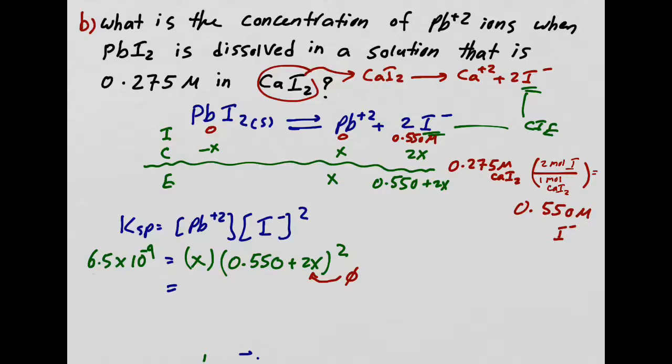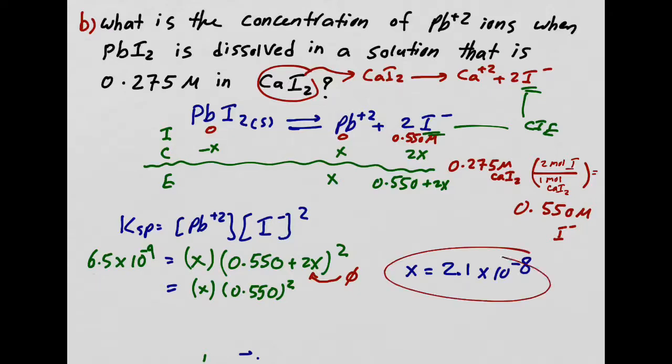So that makes my math a lot nicer. That would be x times 0.550. Don't forget to square it. So if I do this, what I end up for x, I'm going to end up with 2.1 times 10 to the minus 8.